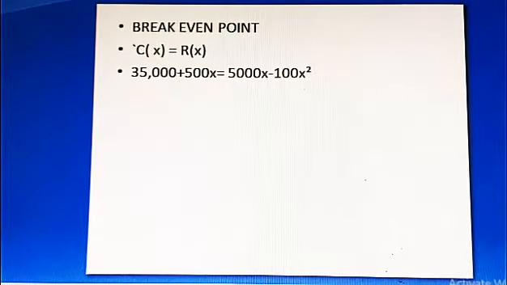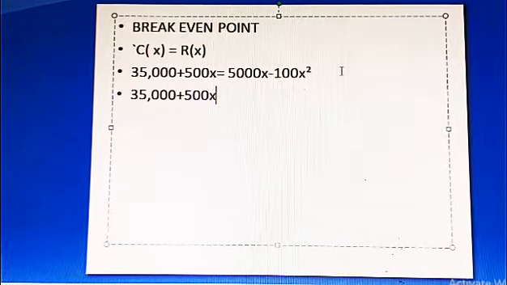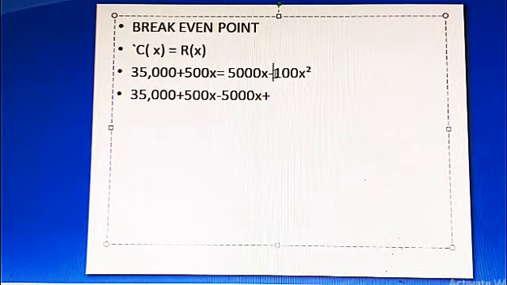Okay, now we have to find the break-even point. So for that, what we will do, we'll bring these two terms to the left hand side. Okay, we'll keep this as it is. In the next step, we'll keep this term as it is here. Okay, and 5000x, if it comes to the other side, will become minus 5000x, and the minus 100x square will become positive 100x square, which is equated to 0.